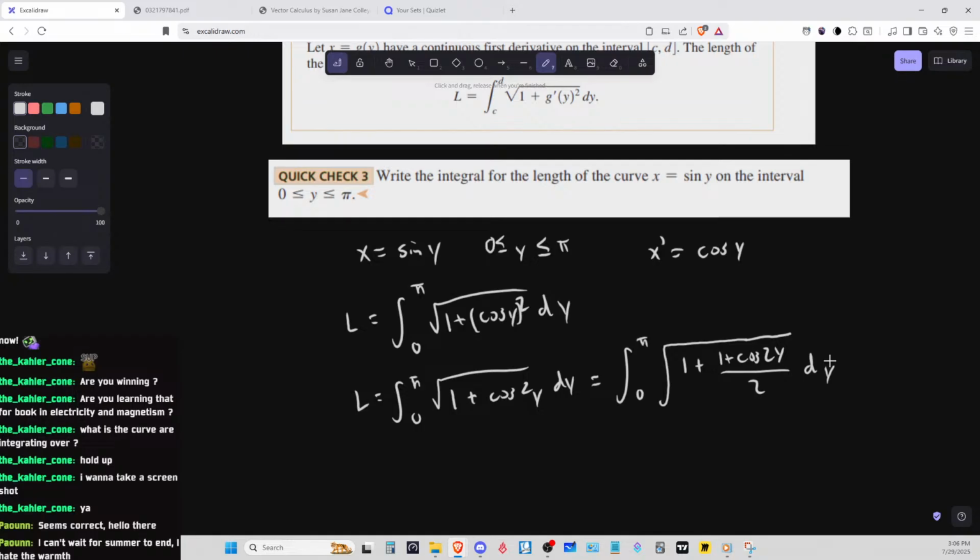Because we can turn this 1 here into 2 over 2, and then add that 1 to that 1 over there, and then we get 3 plus cosine squared. Maybe that might help.